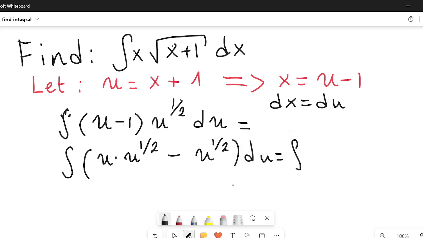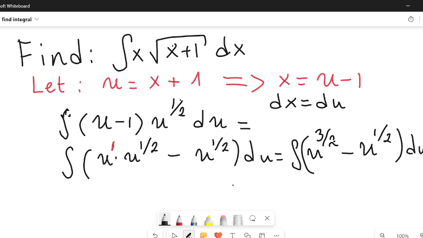We're going to use laws of exponents here. u times u to the power 1 over 2, that's u to the first power, so that's going to be u to the 3 over 2 power, right? Minus u to the power 1 over 2 du.